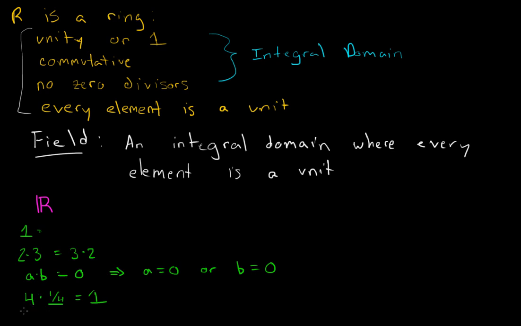And there's nothing special about 4 here. You could pick any real number a, and to find its multiplicative inverse, you would just do 1 over a. That would give us 1 in the real numbers. So the real numbers form a field.